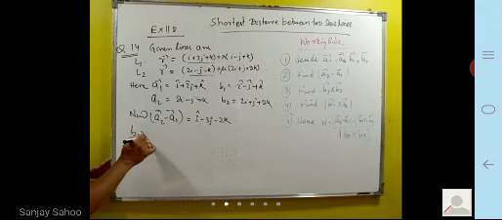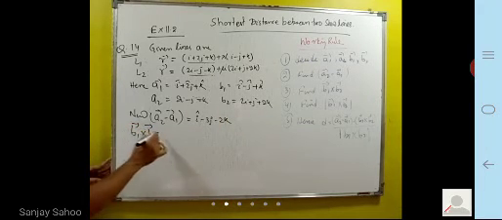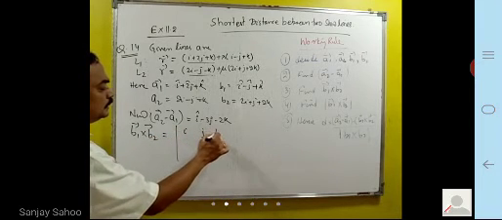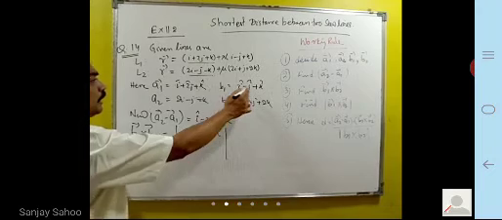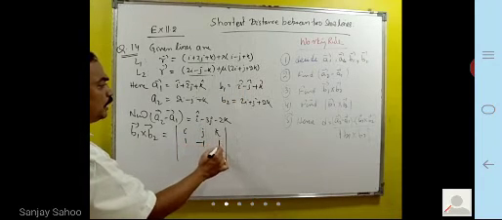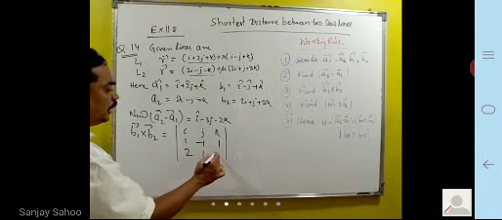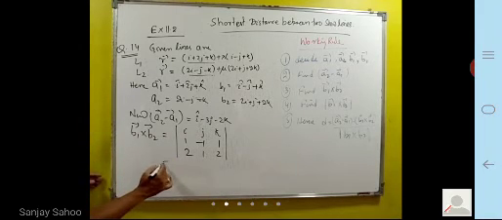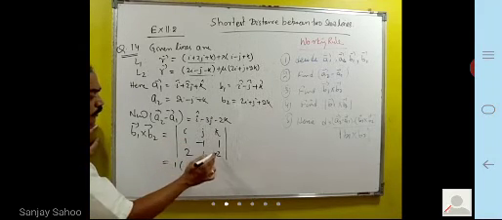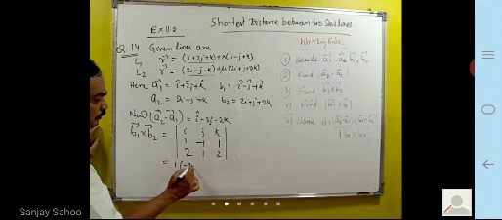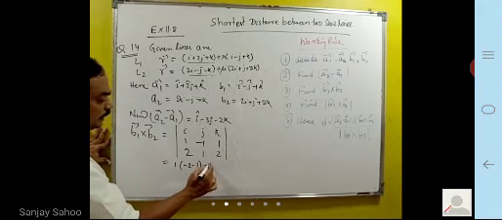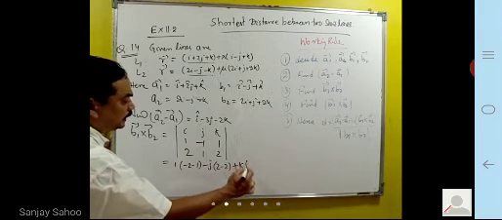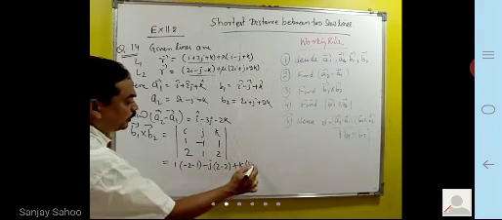Next B1 cross B2. B1 cross B2, what? Determinant i, j, k. Then scalar components 1, minus 1, 1. This is 2, 1, 2. So this is your B1 cross B2, and expand it. This is i into minus 2 minus 1, and minus j into 2 minus 2, plus k into 1 plus 2.